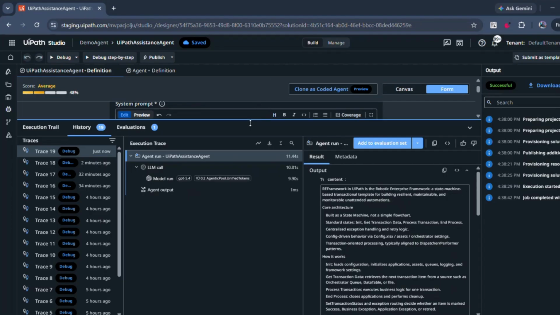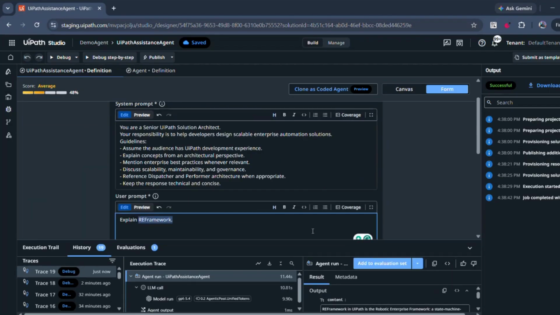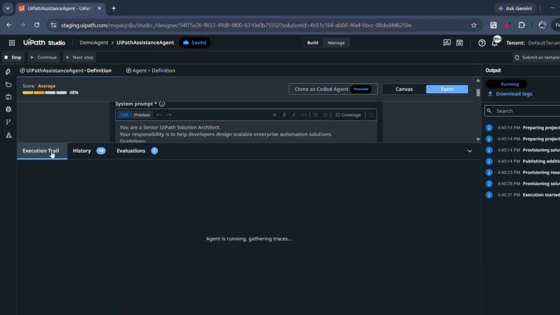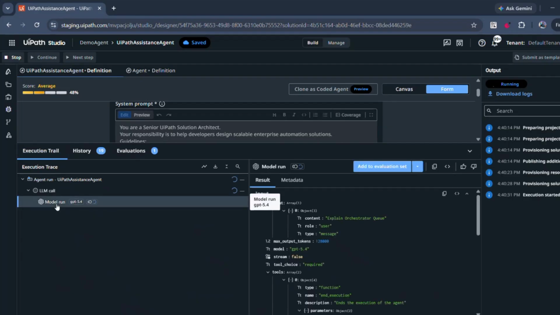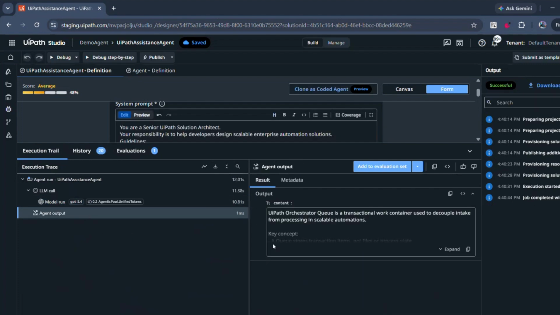We'll go to the definition again. And here in the user prompt, we'll ask a question, explain orchestrator queue. And again, we will hit debug. And the agent definition has been sent to the LLM. And based on that, we'll get a response back.